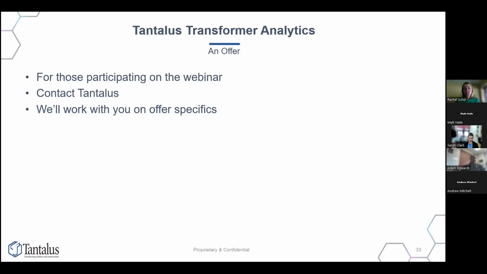Sarah, did you have any additional comments around that? Oh, I was just going to re-echo what Rachel was saying. There is an audit function or an audit page within the Transformer Analytics. On your initial setup, you'll set up your service locations with the feeder circuits and feeders that they're on.